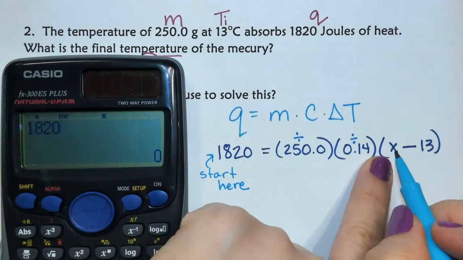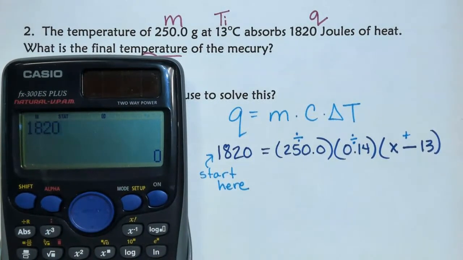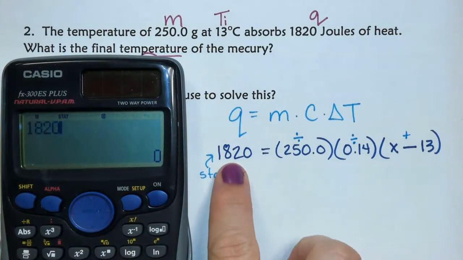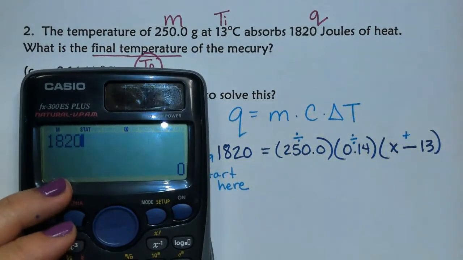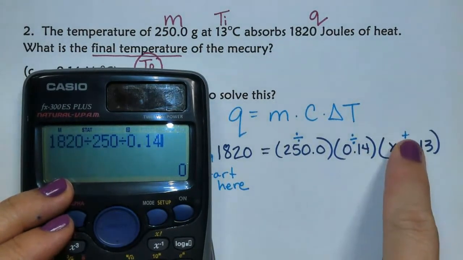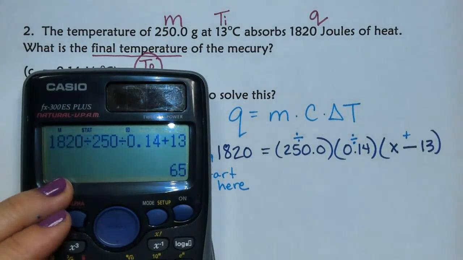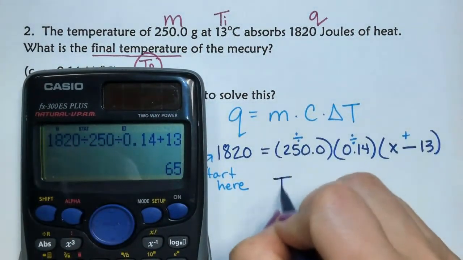Since this says X minus 13, I'm actually going to add that 13 to solve for X. So we have 1,820, and I'm going to hit divided by 250, divided by 0.14, and then plus 13. And that's going to give me 65 as my final temperature.